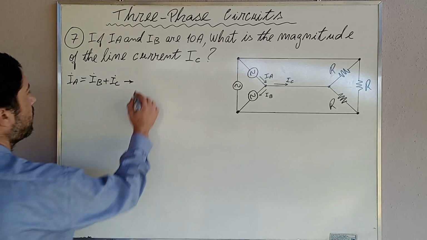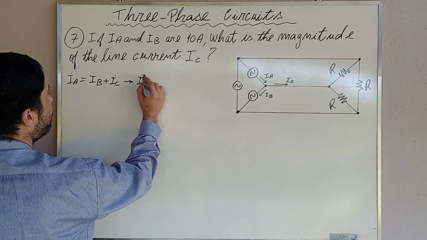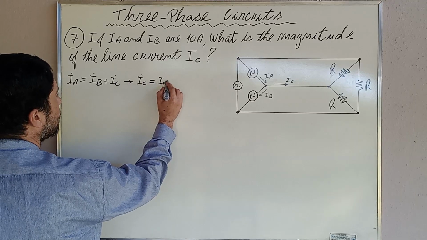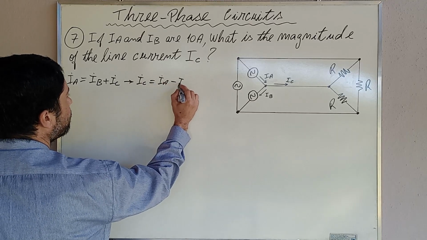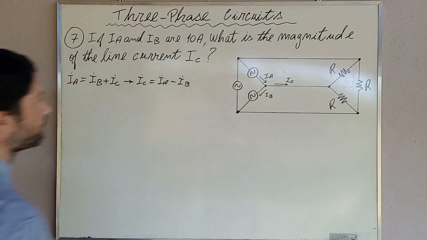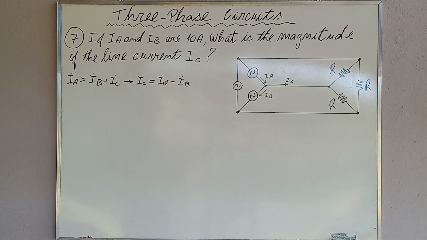In this way, IC is equal to IA minus IB. Observe that this is a phasor operation. To work with the magnitude, we must use the following formula.